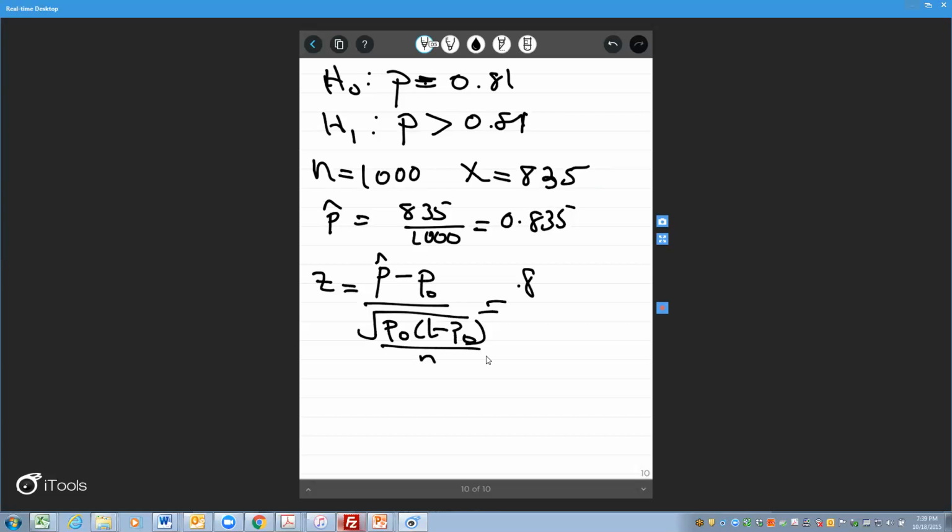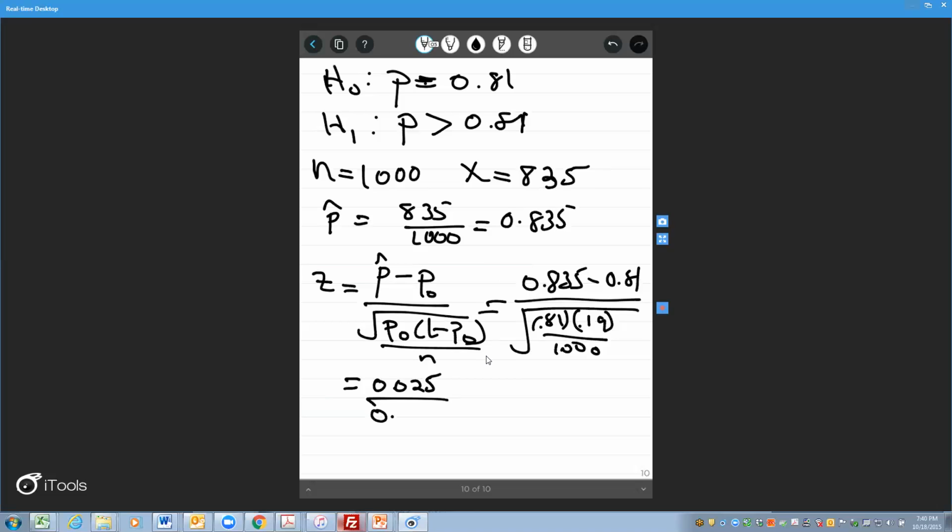In this case, that is 0.835 minus 0.81 over the square root of 0.81 times 0.19 over 1,000, which equals 0.025 over 0.0124, which is 2.02. I round to 2 decimal places.